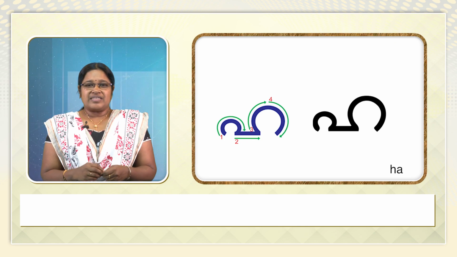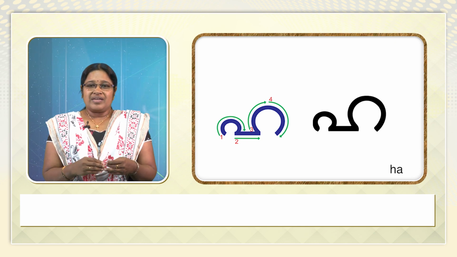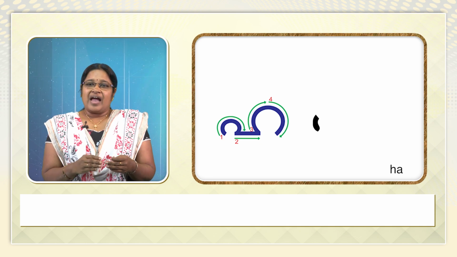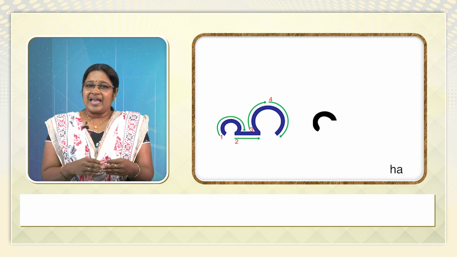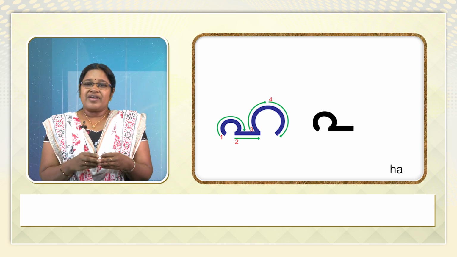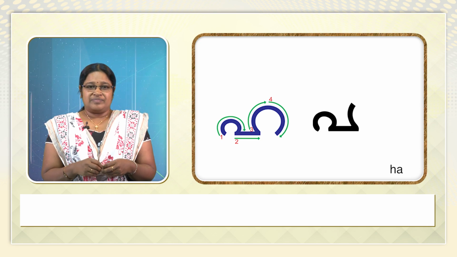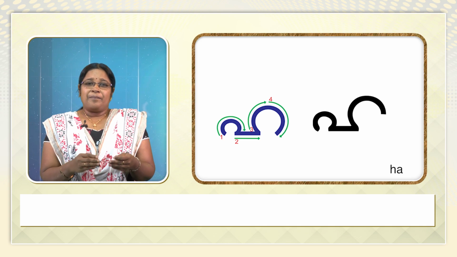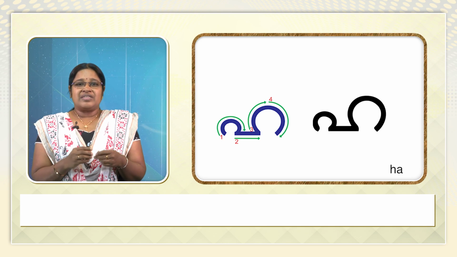To produce this sound, the throat is restricted and breathed out the air through the mouth. The air stream is squeezed out in friction. We can make some words use these letters. Before that, let's pronounce these letters together.